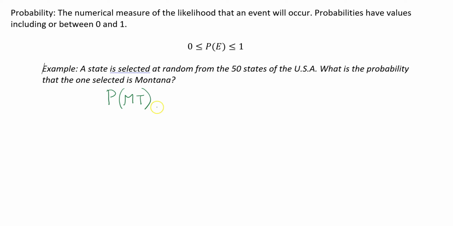That says the probability of Montana equals... Montana is one of the states of the USA, so its probability is not 0. It is 1 out of 50 because it is one of the 50 states. In this particular example, we assume that the likelihood of each state being selected is equal, that we're not doing it by population or by the size of the state.